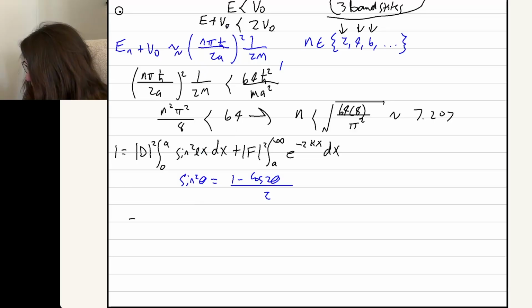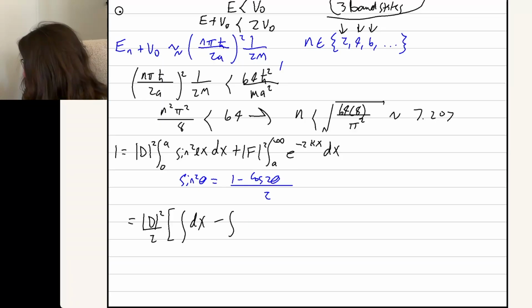So we have mod d squared over 2, and in here we have the integral of just dx, minus the integral of cosine 2lx dx from 0 to a.